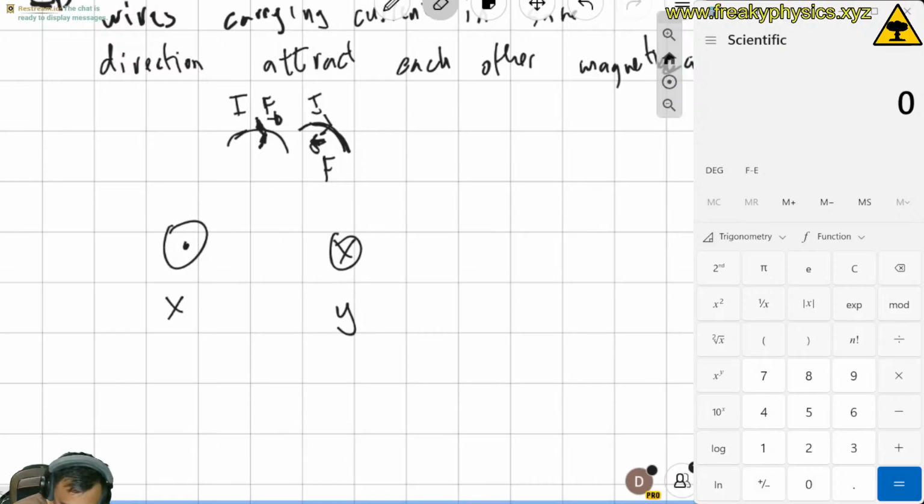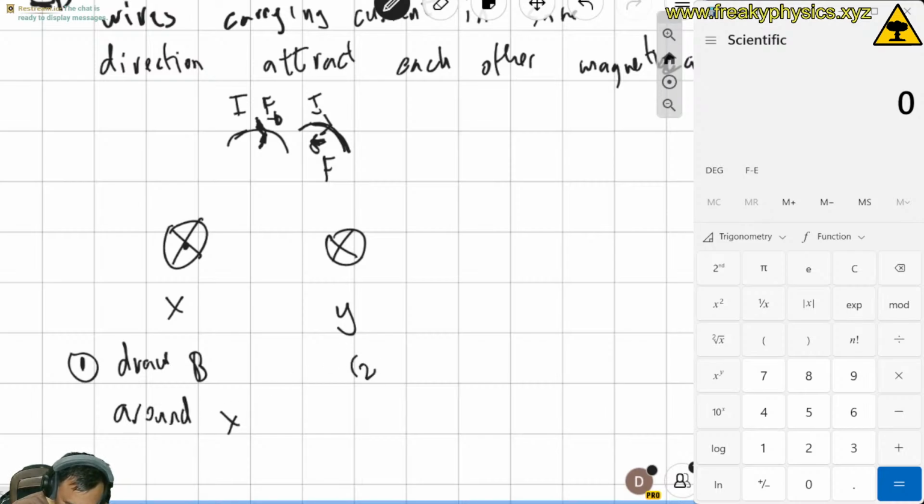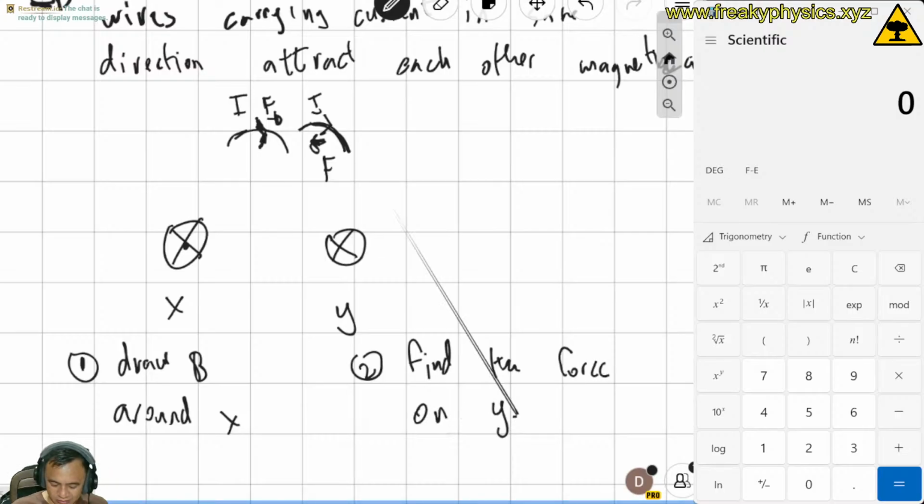All right. In this case, let's make the current flow in the same direction in both cases. So let's make it both go into the page like this. What we want to do is step 1, draw the magnetic field around X. And then step 2 is to find the force on Y. That's all we're doing here.